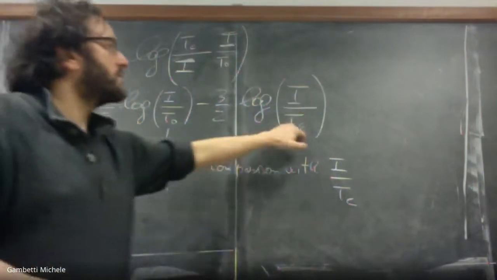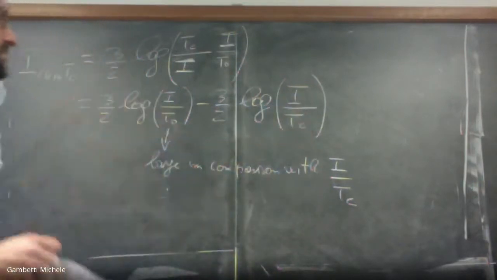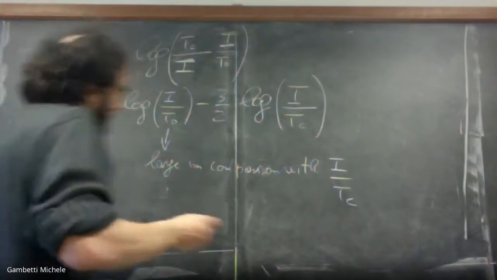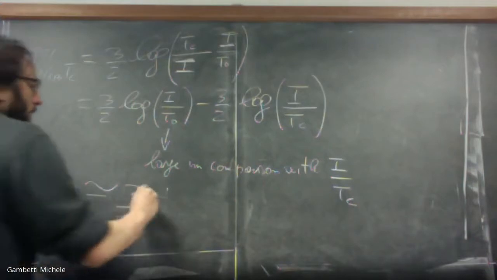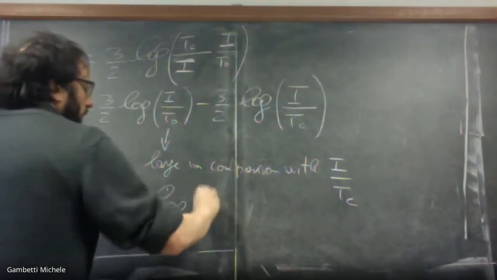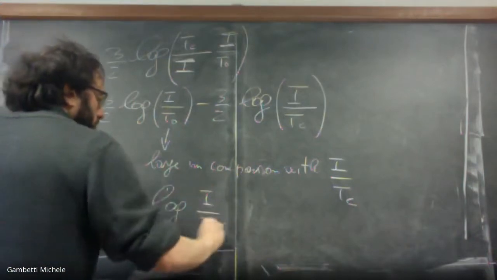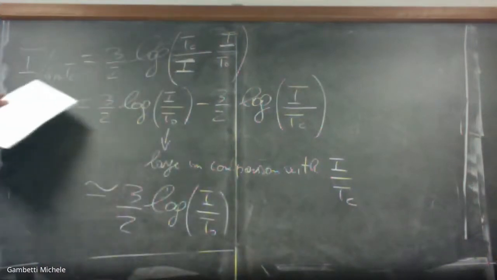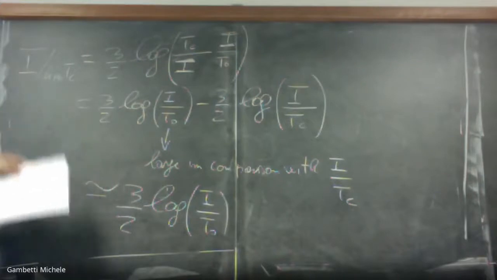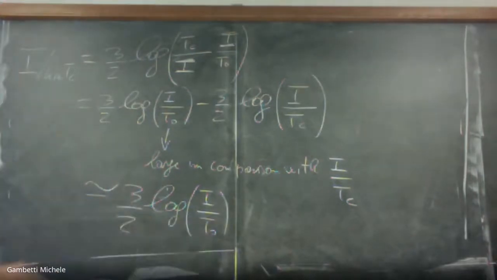Of course, Tc must be larger than T0. So this is just a simple approximation, 3/2 log of I divided by T0, and this allows me to find Tc in this approximation as a function of I and T0.